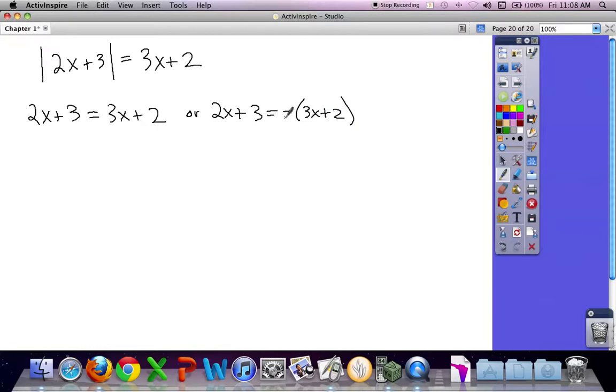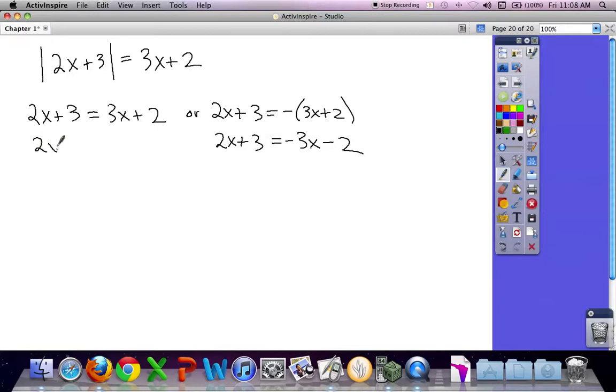Now notice I put the negative sign in front of parentheses because in fact that will be negative 3x minus 2. So 2x plus 3 is negative 3x minus 2.